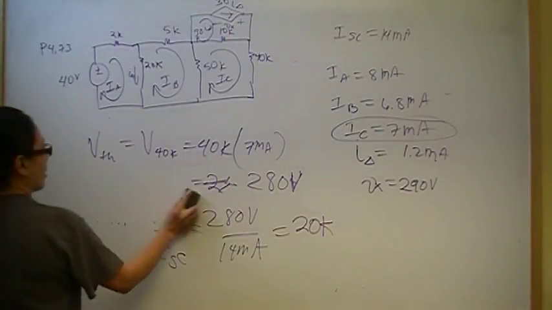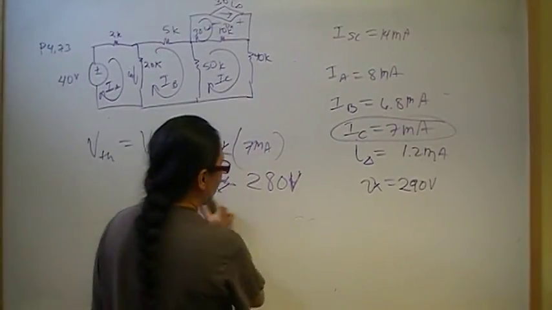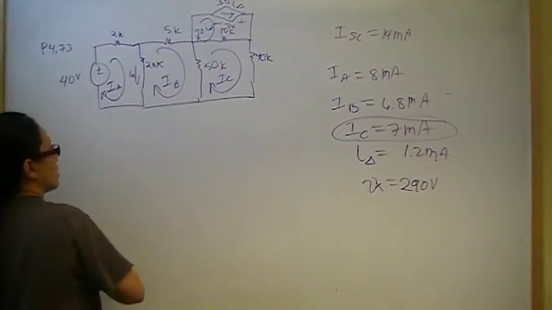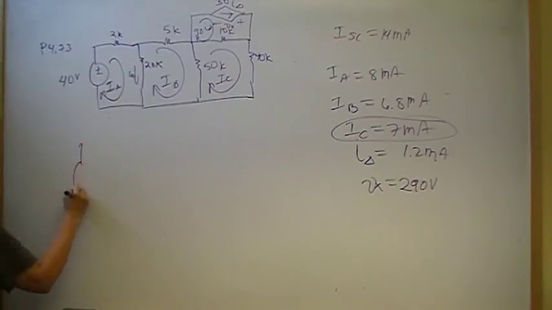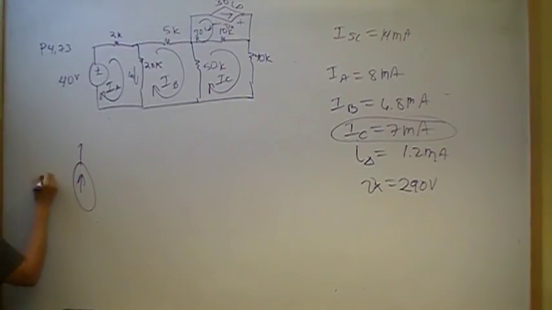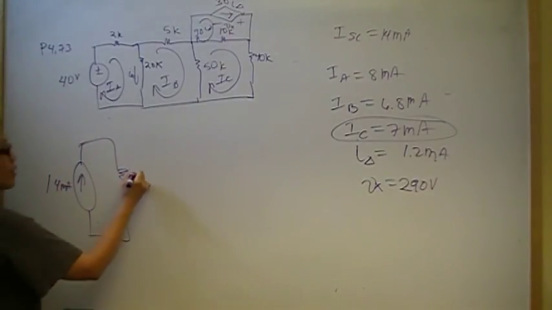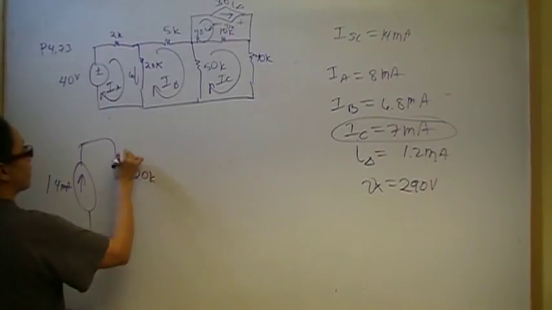So in that case, now I have all the information I need to draw my Norton equivalent circuit. It's I short circuit, which is 14 milliamps, in parallel with R Thevenin, which was 20K.